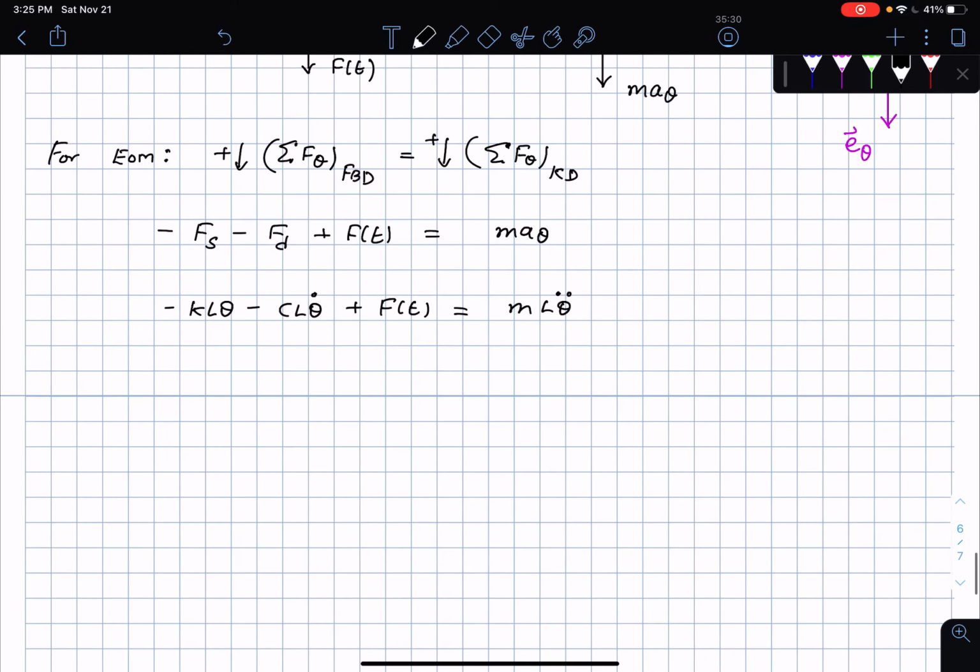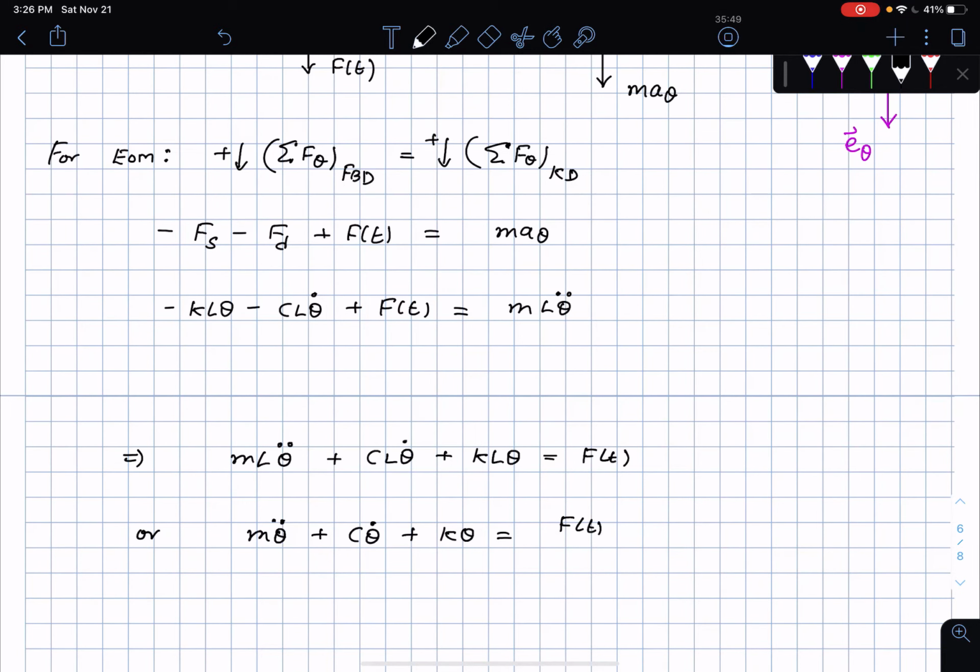Once I do that, I'm going to have m l theta double dot plus c l theta dot plus k l theta is equal to F of t, or I can say this is m theta double dot plus c theta dot plus k theta is equal to F of t by l.